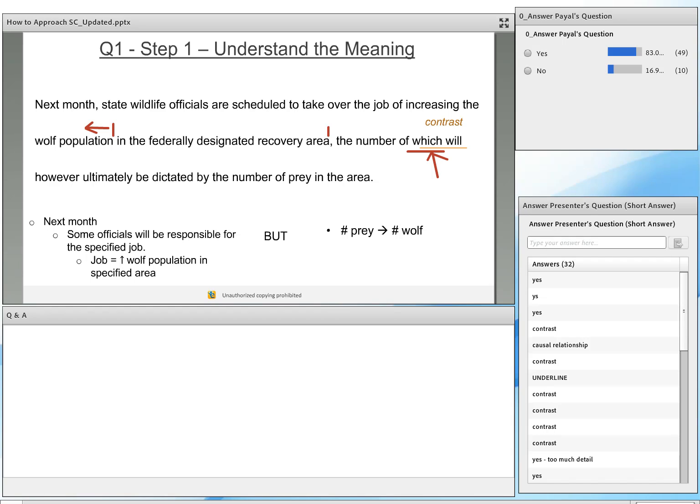So what he's saying is, yes, there are these officials who will be responsible for increasing the wolf population, but in reality, the number of wolves really is dictated by the number of prey that exists in the area, that is the amount of food that's available for the wolves. Okay. Now this is the level of understanding that I need to have whenever I read a sentence. So my question to you is, how many of you had this level of understanding when you read the sentence on your own?